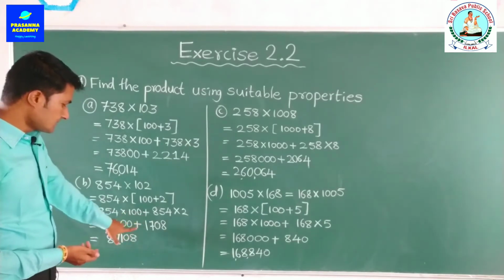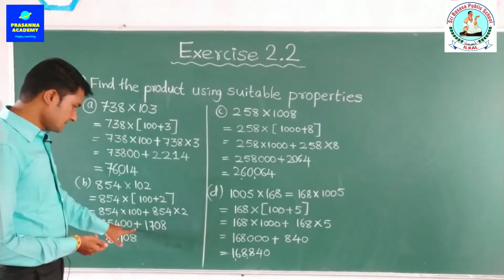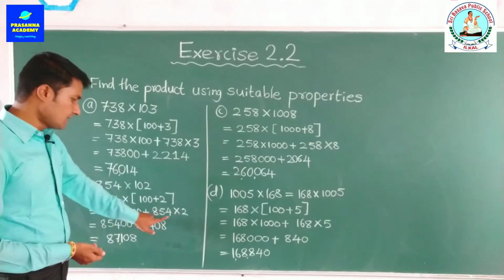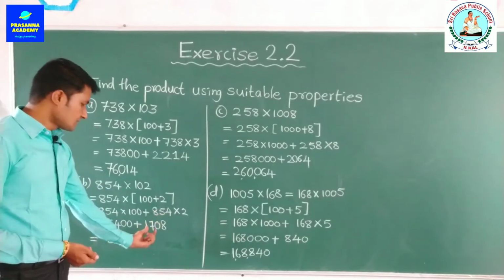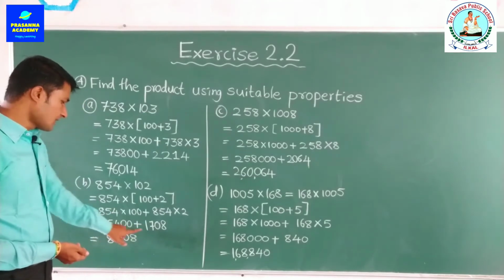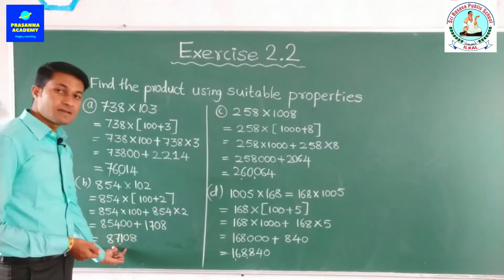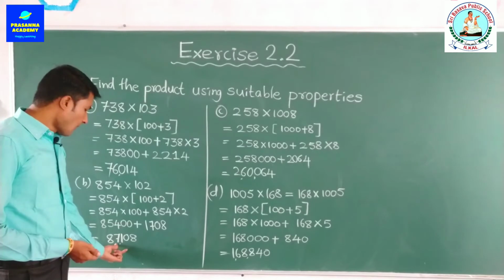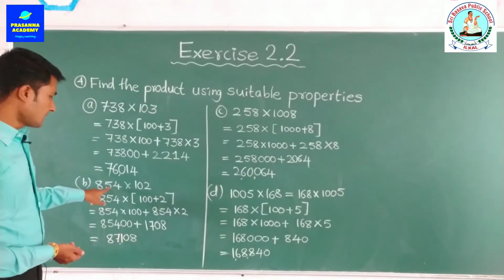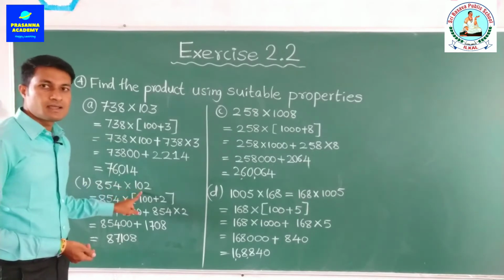Then it is double of 854, or else 854 twice, so it is 1708. When you add these two products, you will get the final sum as 87,108. So this is the product of 854 and 102.